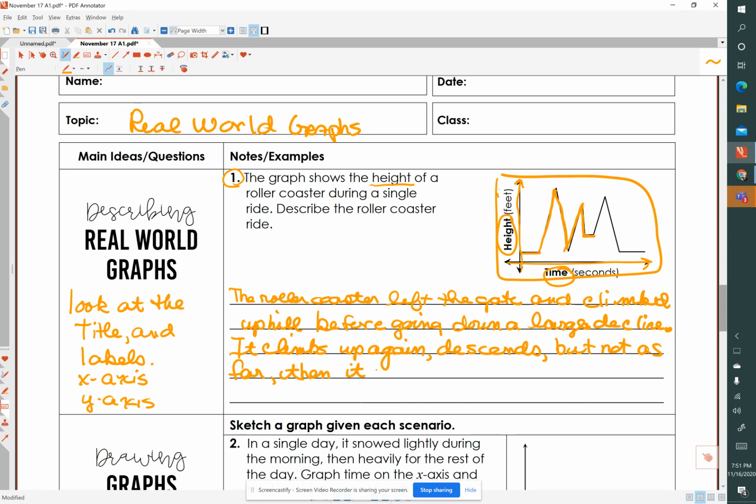Then it coasts, I will say, on level. Now, the roller coaster climbs again, but not as high as the first hill. Then it descends.